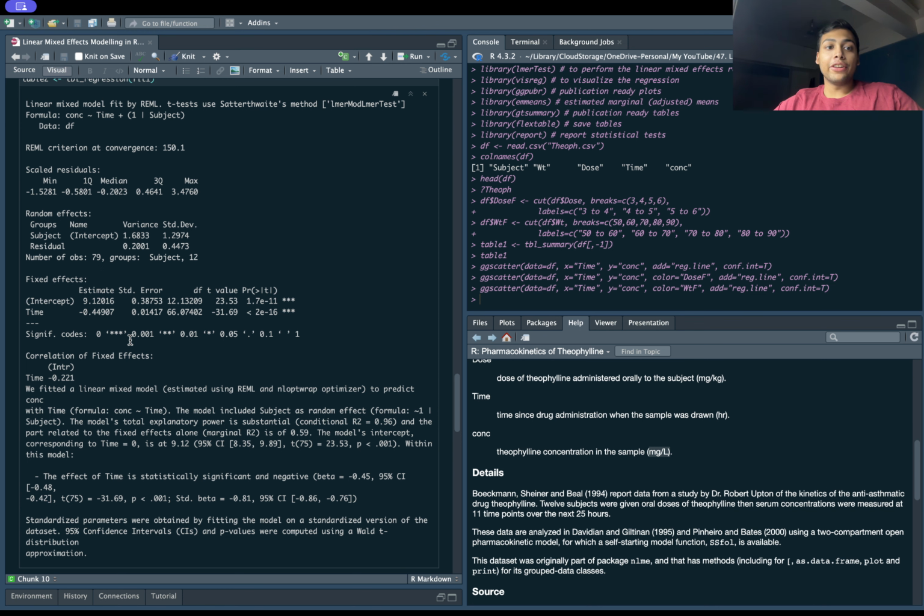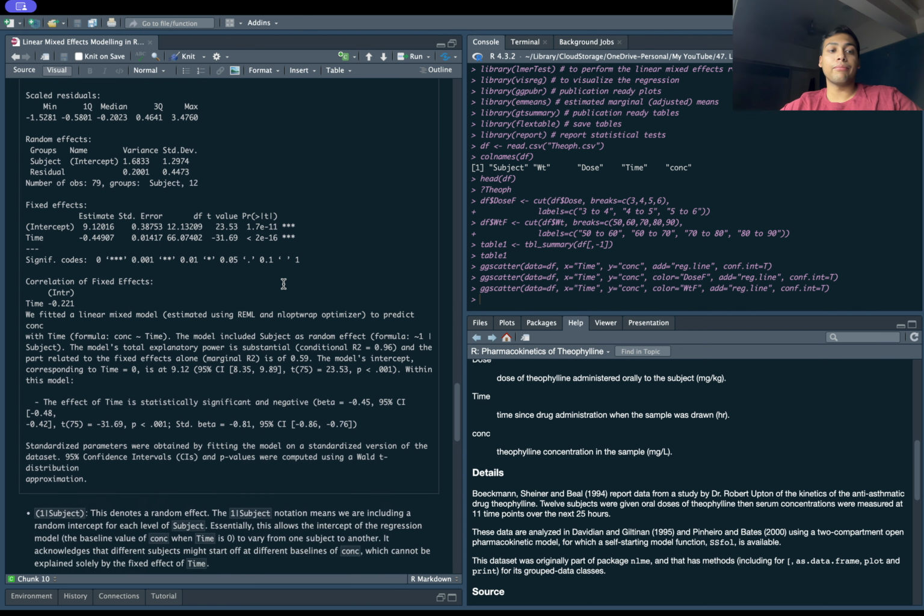Let me reiterate. For each hour increase in time, or for each unit increase in time, the concentration of theophylline, the dependent variable, decreases by 0.45 milligrams per liter, or 0.45 units, which is a significant result.